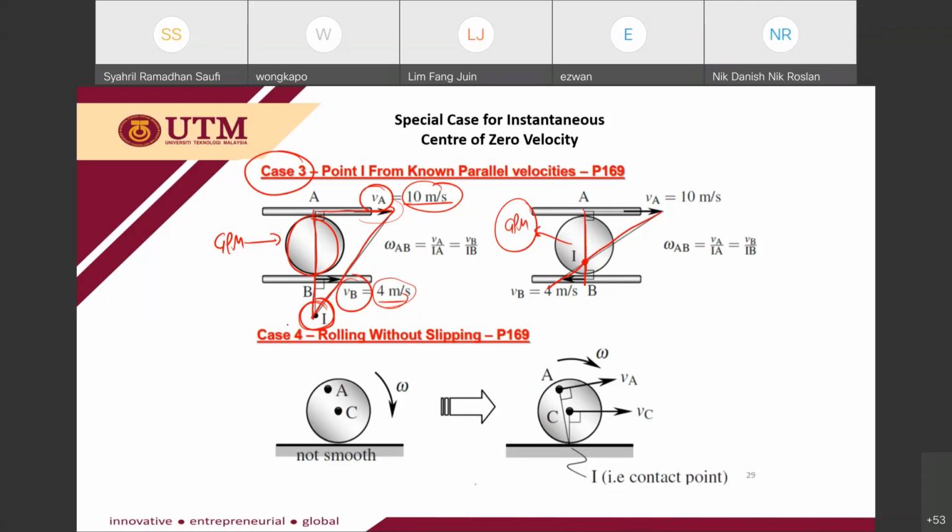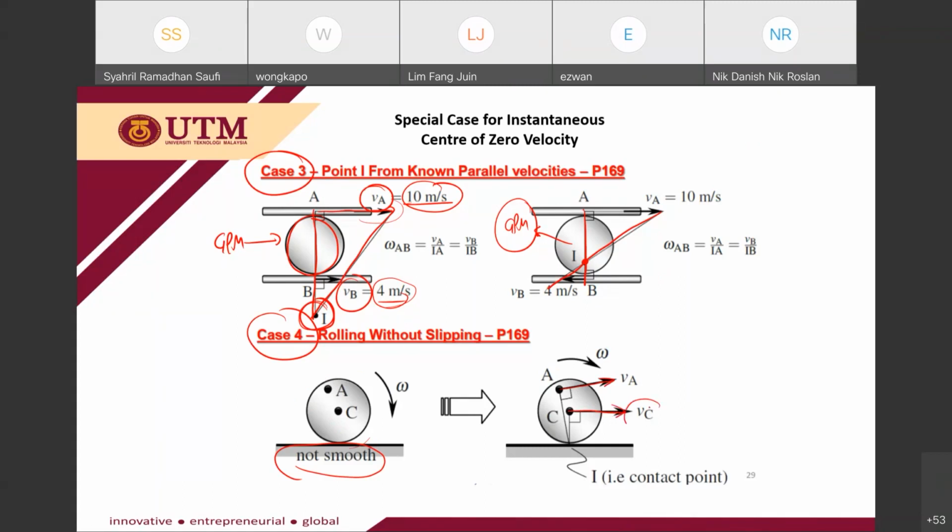Case number 4 is rolling without slipping, which means you have friction, not a smooth surface. So your roller can roll on this floor. At point A you will have a VA at a certain angle, and VC will be moving rectilinearly to the right.